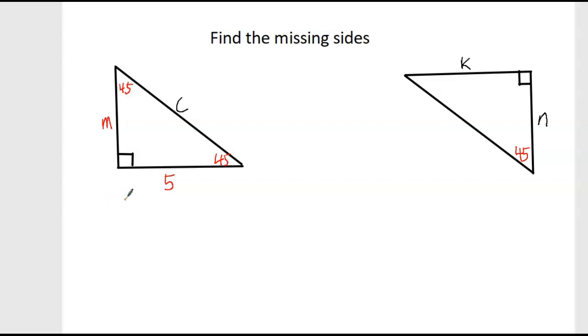Now we have learned that this 45-45-90 has a ratio. Here we cannot use the Pythagorean theorem, because we know only one side of it. As we get into trigonometry, we can apply tan, sine, and cosine, but we are not there yet.